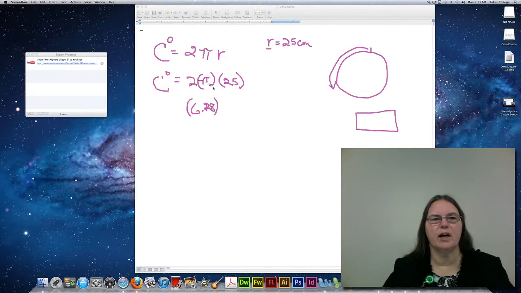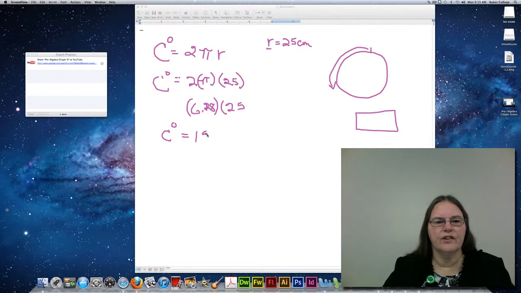That's twice pi times the 25. We should end up with the circumference of this circle equaling 157 centimeters. It's the distance around that circle.